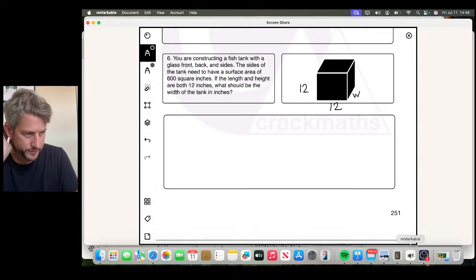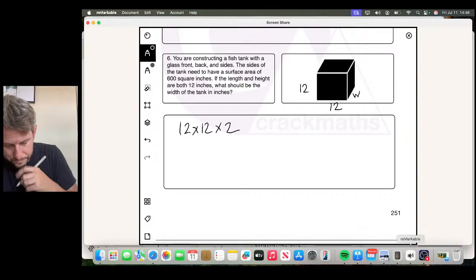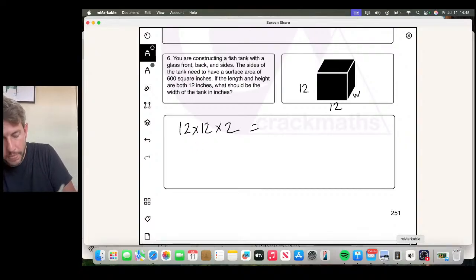So what we have here is the front and the back, which is 12 by 12. So we'll have 2 of those. 12 times 12 is 144. 144 times 2 is going to be 288.